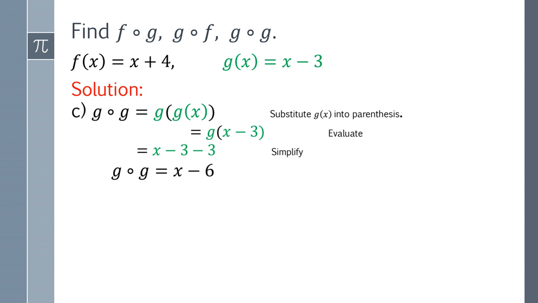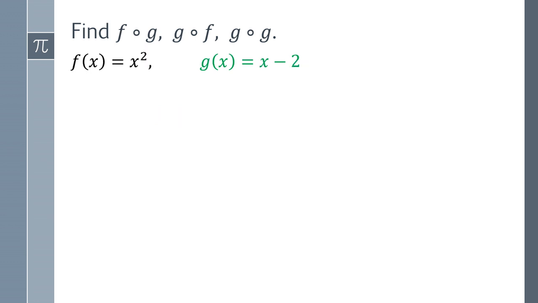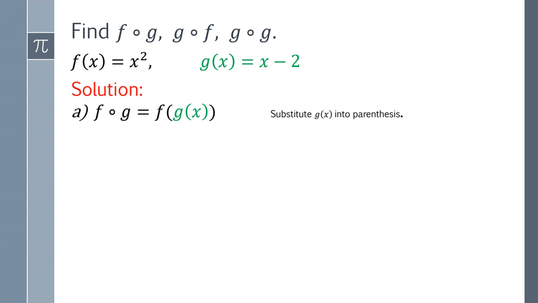Okay, let's do some more examples. What if we have these two functions, f of x equals x squared and g of x is equal to x minus 2. So let's go ahead and do the first one, f composed of g again. f comes first, so to the function f, I'm going to put in function g of x.